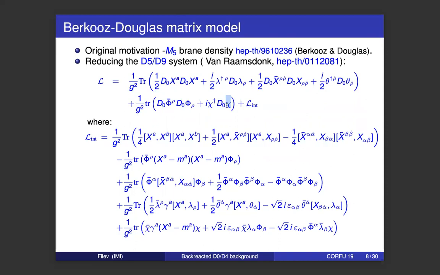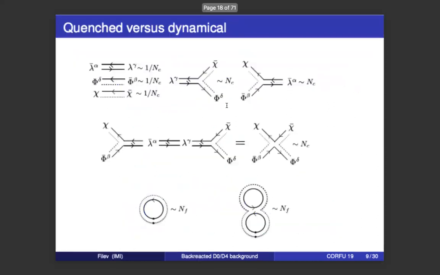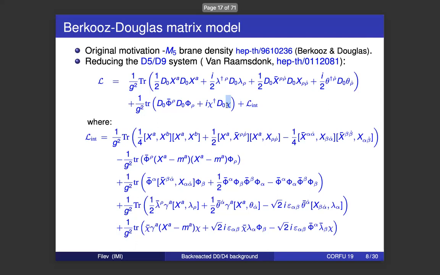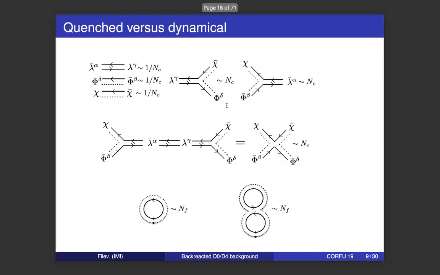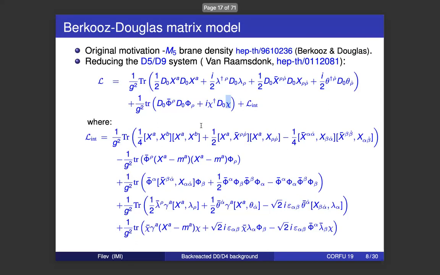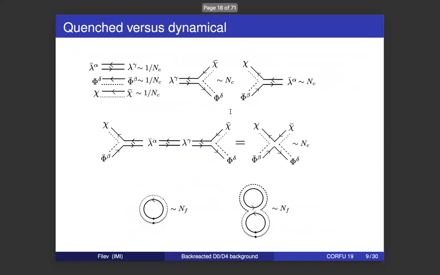Okay, this is how it looks. We could integrate out some of the adjoint fields, and what this is meant to motivate, which is not very important for today's talk, is that even in the quenched approximation you do get quantum effects from flavors.